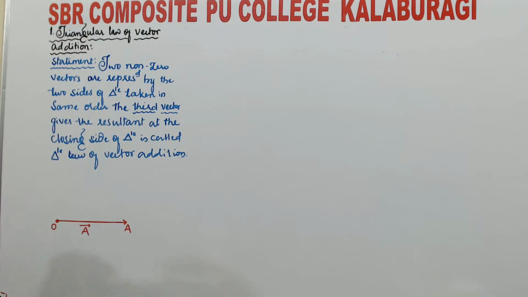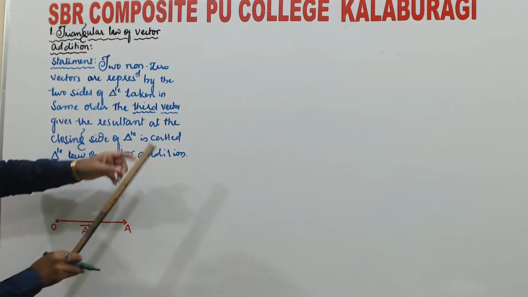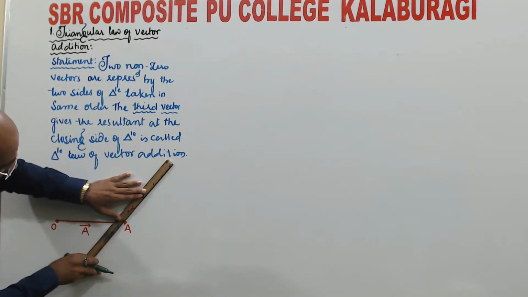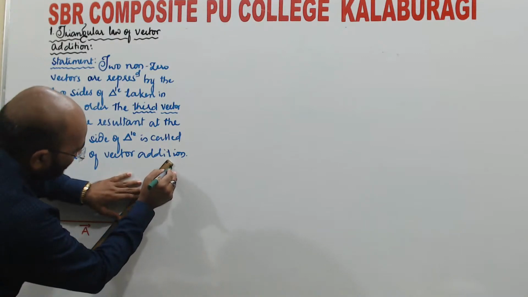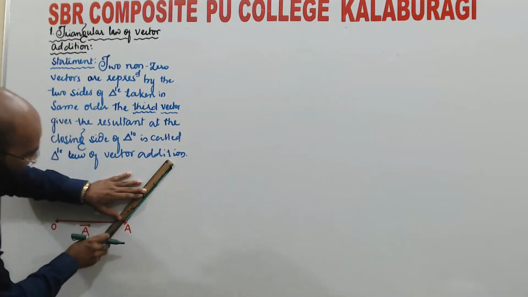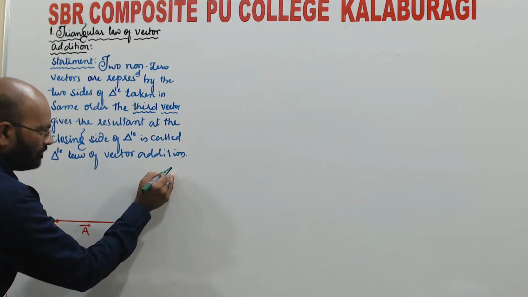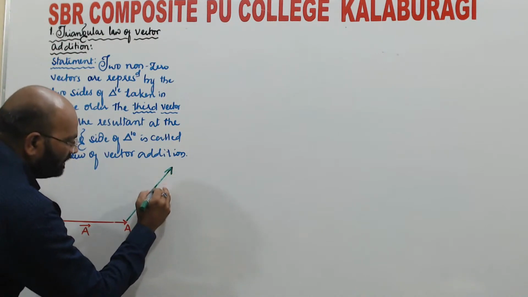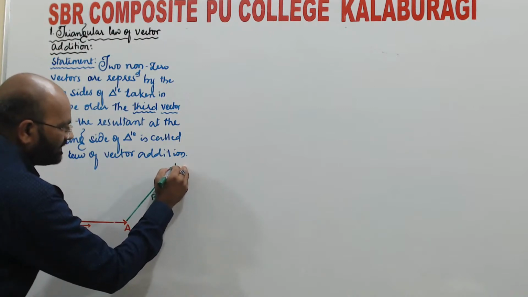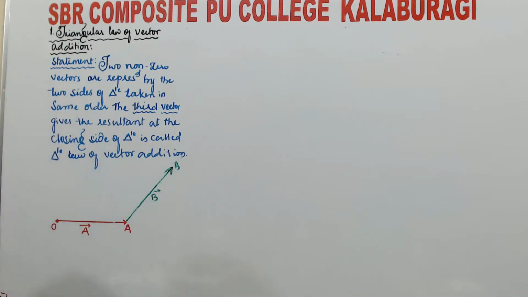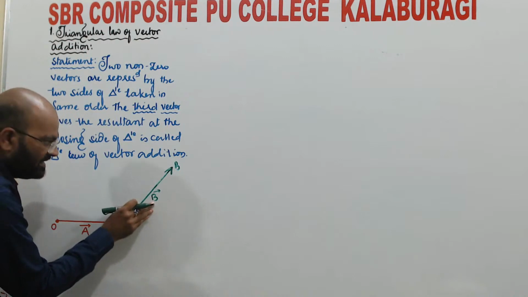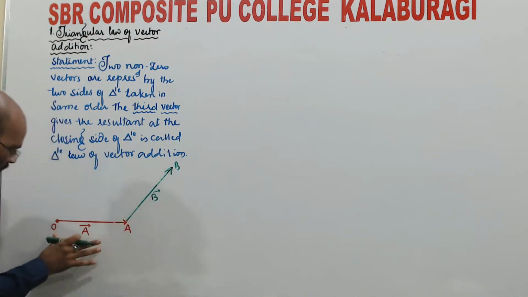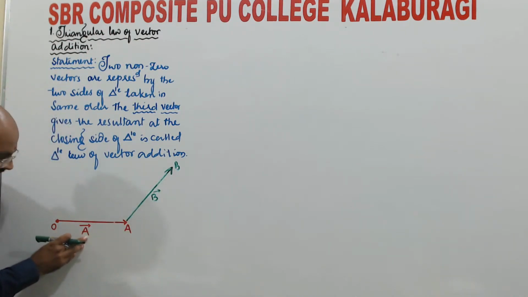Then the other vector is taken in the same order. This is the second vector we considered, vector B. We point it as AB, which represents the second vector B. OA represents the first vector.